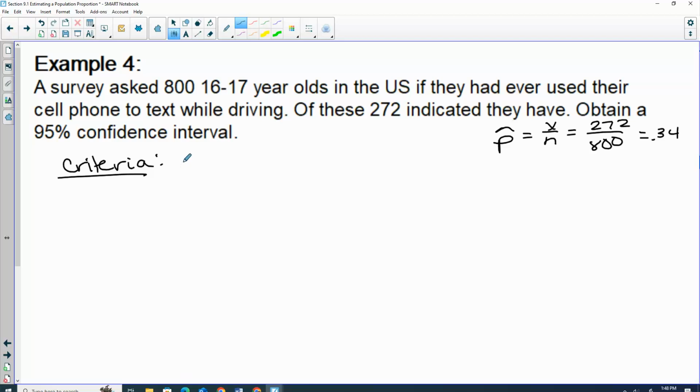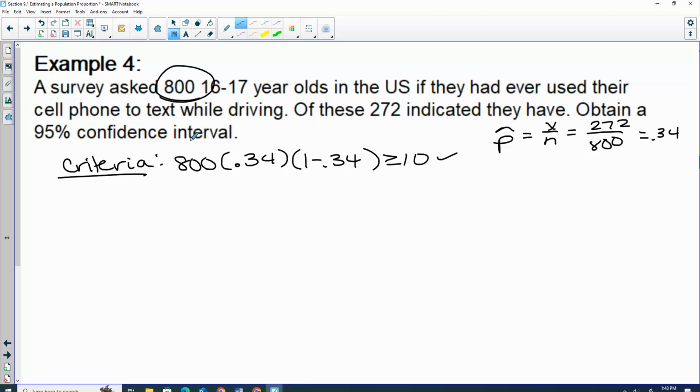So check my criteria. My n, 800, times p, 0.34, times 1 minus p, has to be greater than 10. And that's 179.52, so that works.